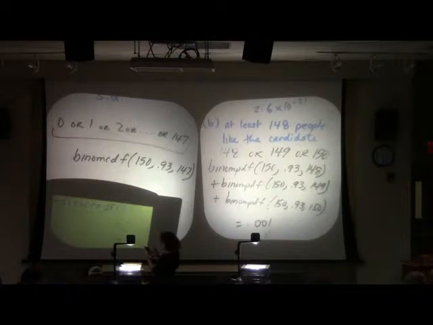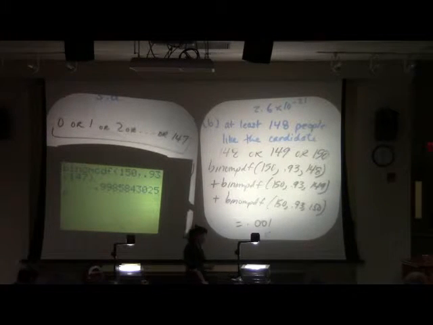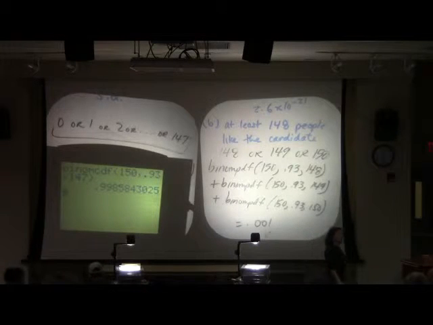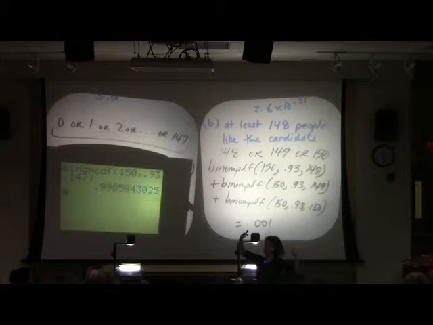Oh, shoot. Let me do this again. I went down too far. Here's binomial CDF. We have 150, comma, 0.93, comma, 147. All right, we got the probability of the complement. You guys, what's the relationship between the probability of an event and the probability of the complement? Good.